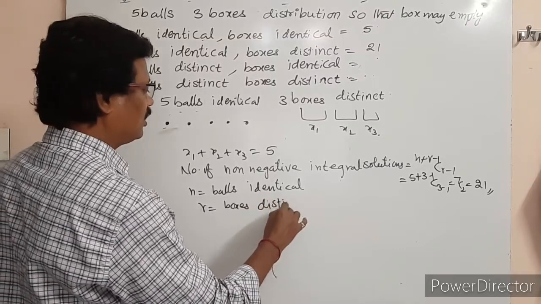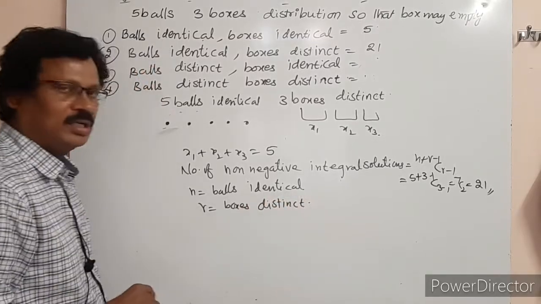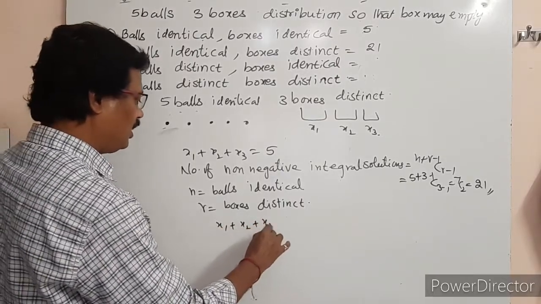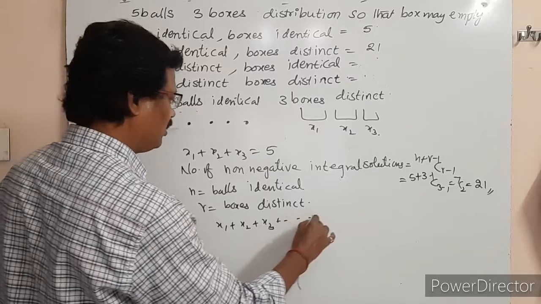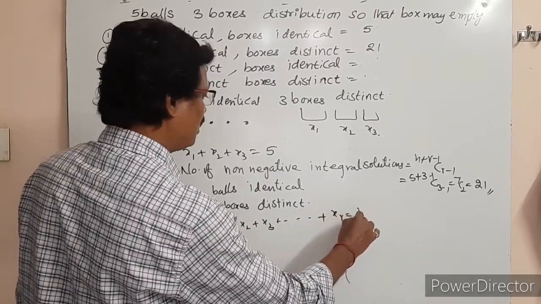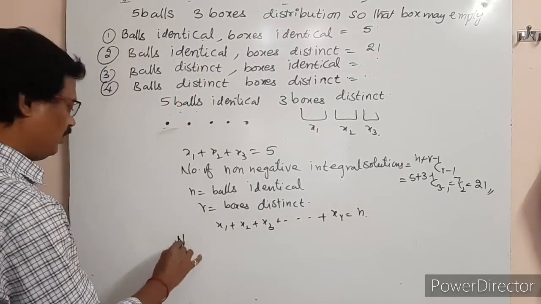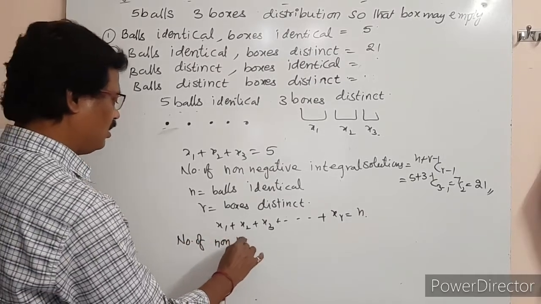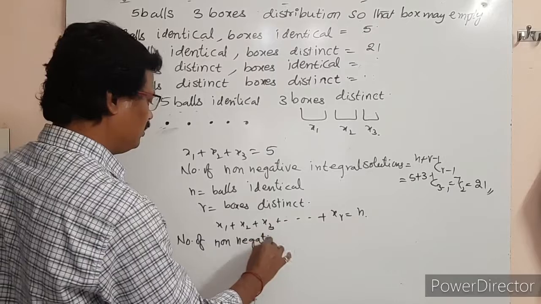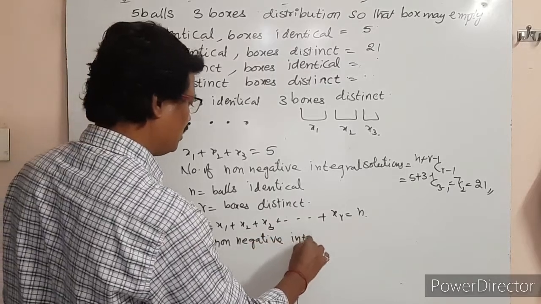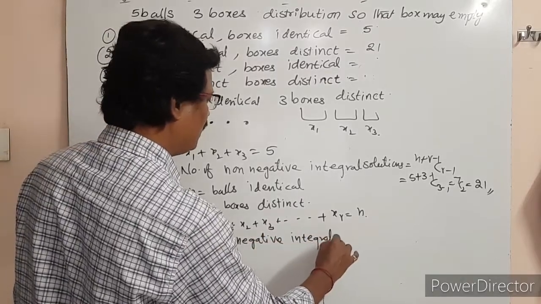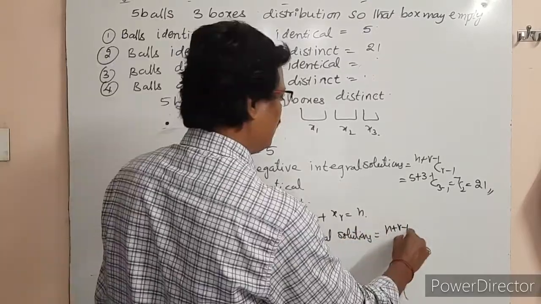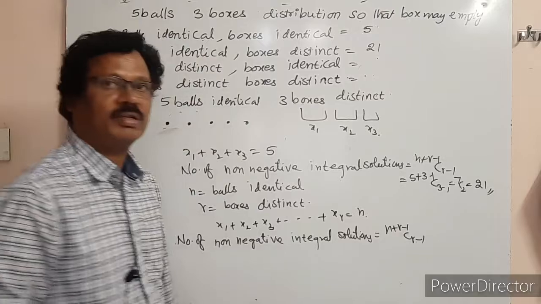Now the number of non-negative integral solutions of this one, we can apply this formula: the number of non-negative integral solutions is n plus r minus 1 C r minus 1.